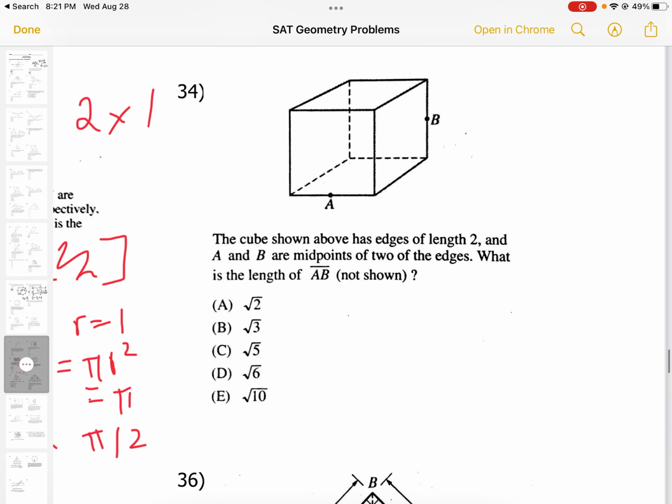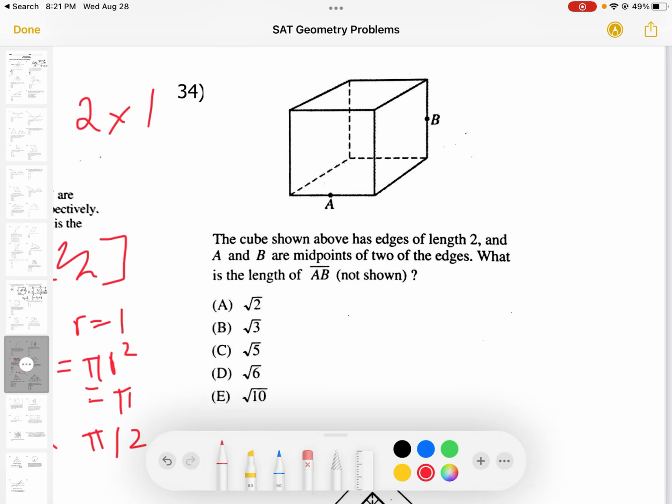Number 34 over here. The cube shown above has edges of length 2, and A and B are midpoints of the two edges. What's the length of AB, not shown? So we're going inside this rectangular prism, and we want to find the length of AB. Okay?